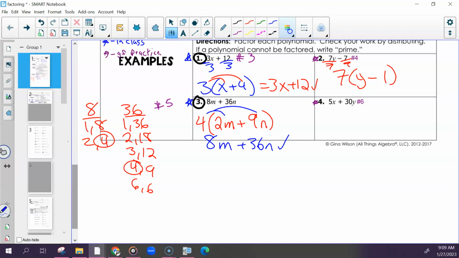Highest number you can divide out of both of those. 5. Can you divide 6 out of 5? You can't divide any variables, so what would be our inside? x plus 6y. There we go.